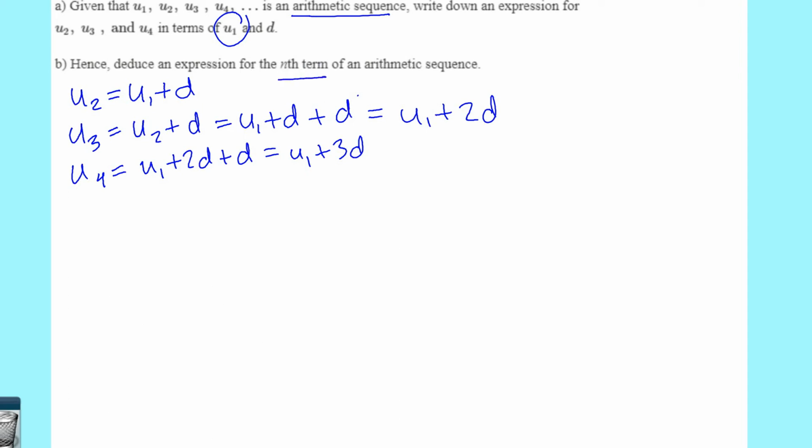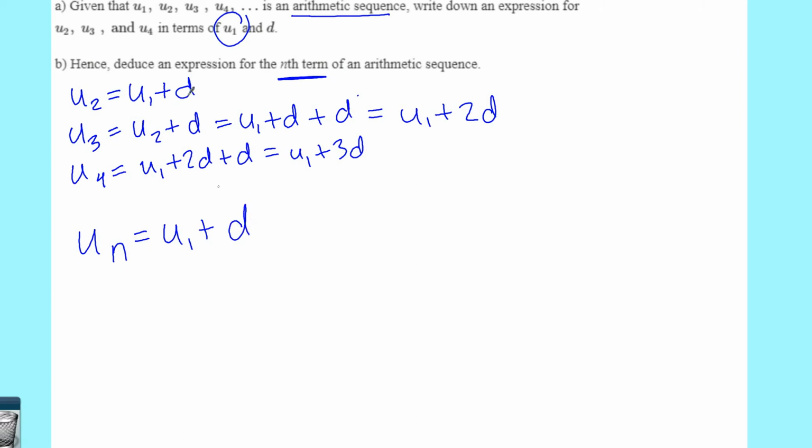So, to get the nth term, to get any term in this sequence, you're going to take the first term, always the first term, U1. Oh, I don't know why I wrote an A there. Sorry. Gotta get used to the notation. Right. So the nth term equals the first term plus some number times our difference.